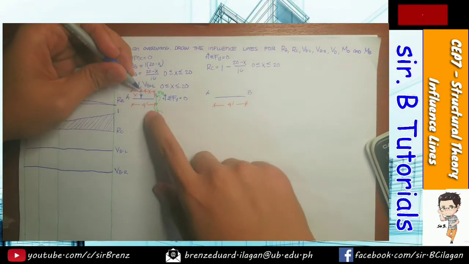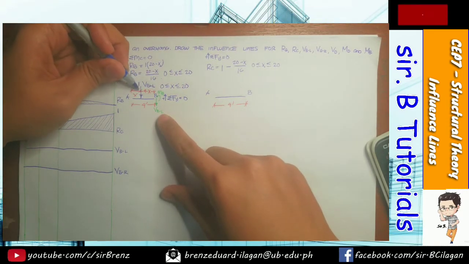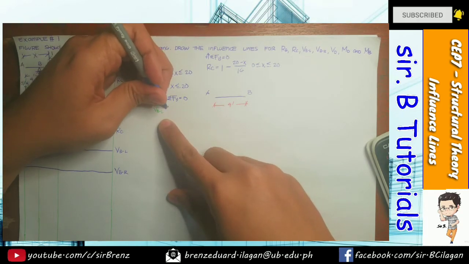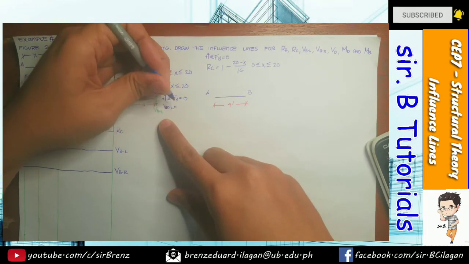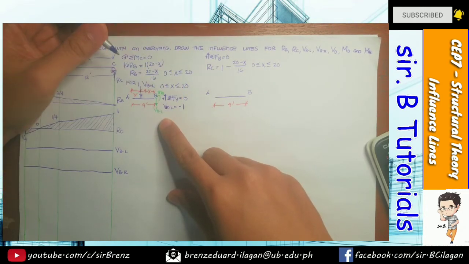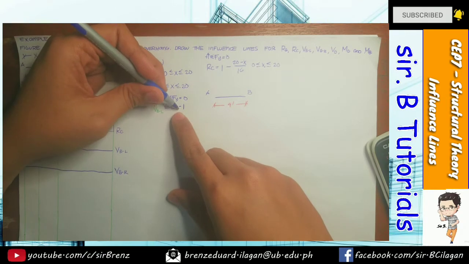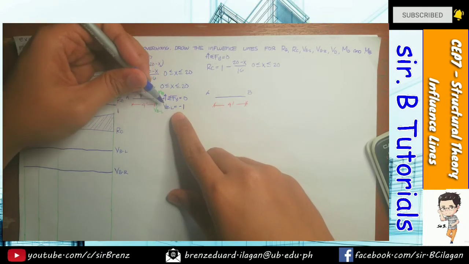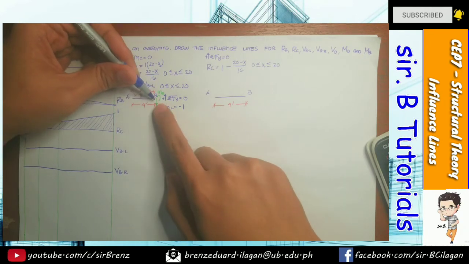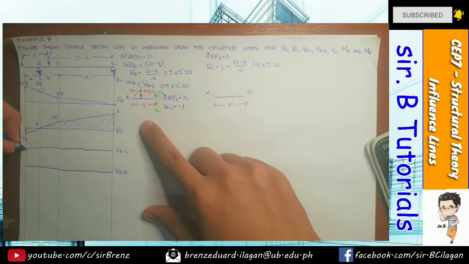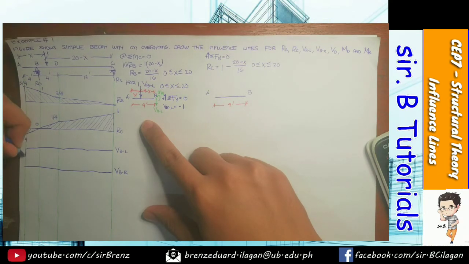So since parehong pababa yan, di ba yung 1 is pababa, yung shear B left is pababa. Therefore, the equation will be shear B left is equals to negative 1. Okay? So this is the value of your shear B at left sa distance na 0 up to 4. So negative 1. So ganito yung magiging itsura niya.